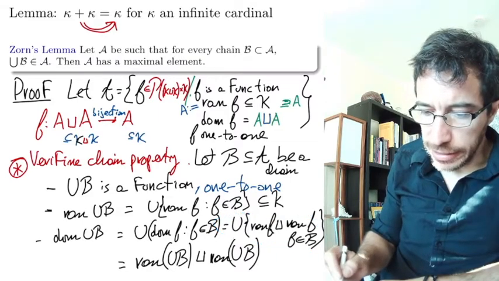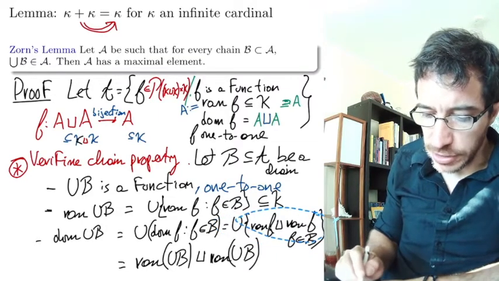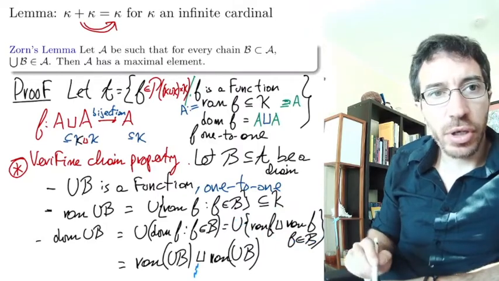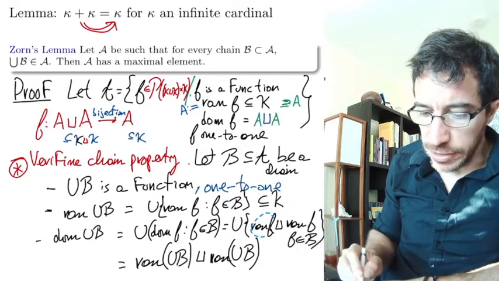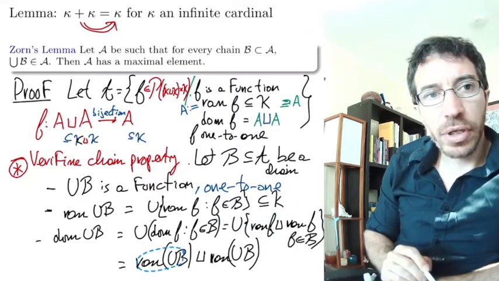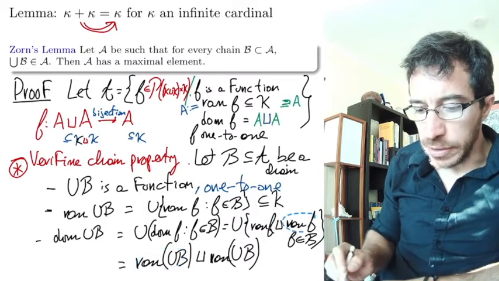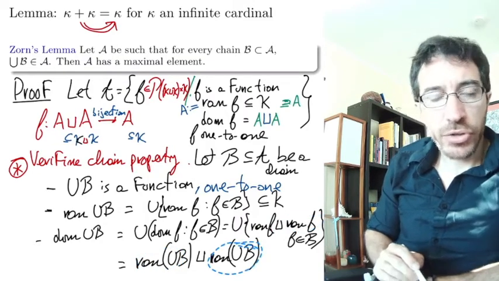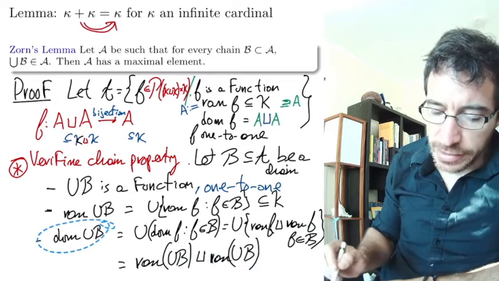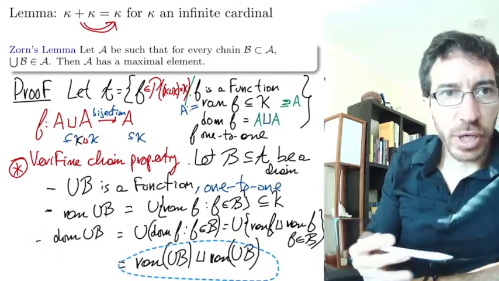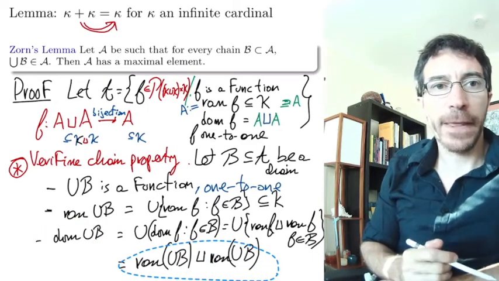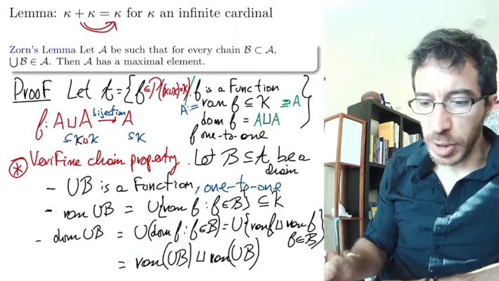So we're going to get that the union of all these disjoint unions is exactly the disjoint union of the union of these guys, which is the range of the union of B, and the union of these guys, which is also the range of the union of B. So we get that the domain of the union of B is equal to the disjoint union of the range with itself, which is what we need. That's this property up here.